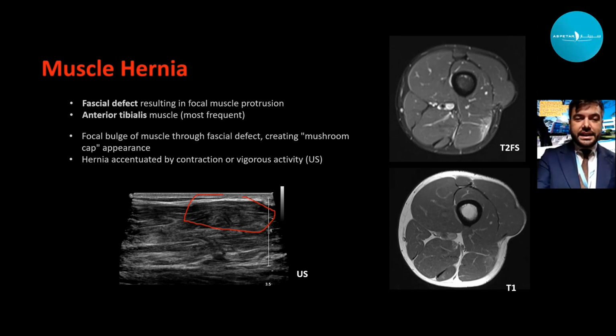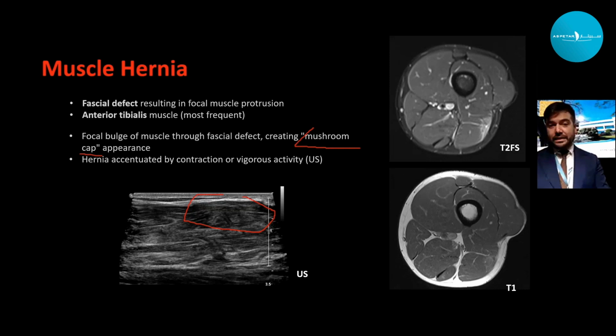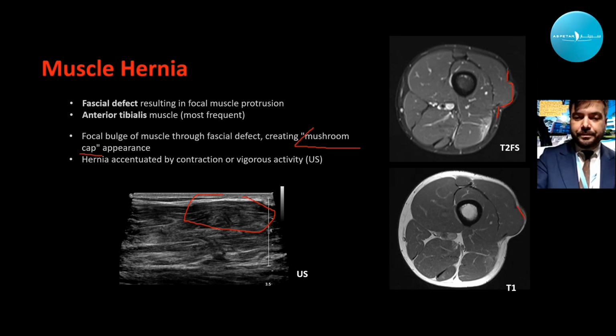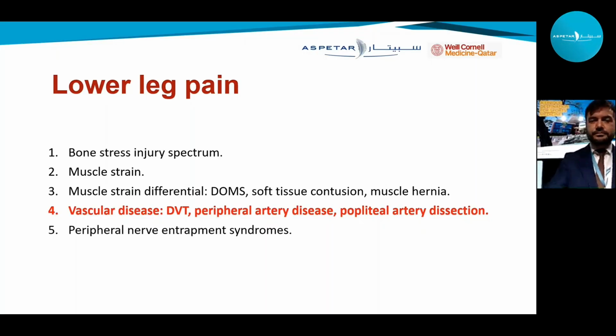They call it a mushroom cap appearance. So here, this is not a calf, this is a thigh, but the case is beautiful, and I like to highlight how we see it in MRI. Here, the fascia will be here, and this is the muscle cap, the mushroom cap, sorry. This is the vastus lateralis of the quadriceps.